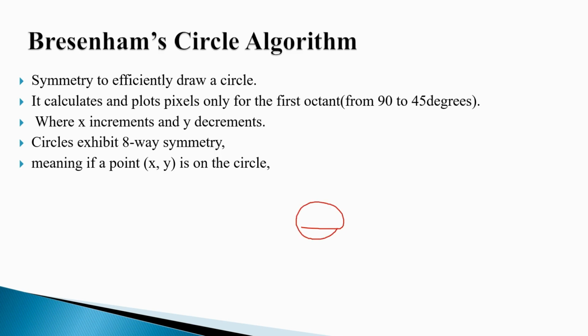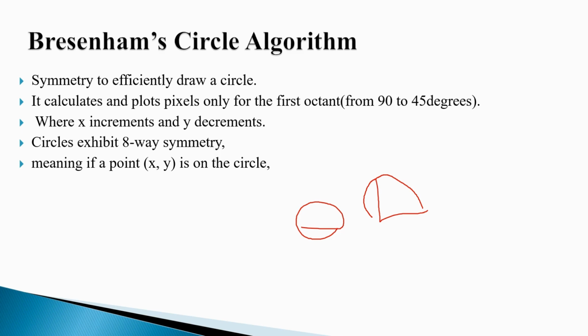So what does symmetry mean? We calculate the one quadrant value, and then with the help of this we make a circle. This is what symmetry means.